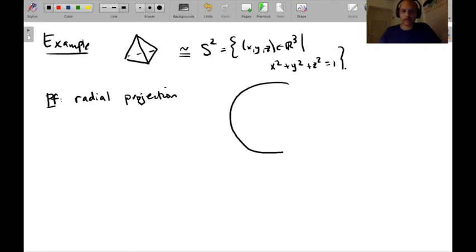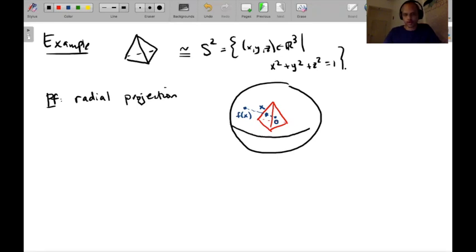So we have the two-sphere here in R3, and then let's position the tetrahedron inside. And inside of there, let's have the origin. And so the radial projection map: given a point x on the tetrahedron, you draw a ray from the origin to x, and that will hit the sphere at a unique point, which we'll call f of x.